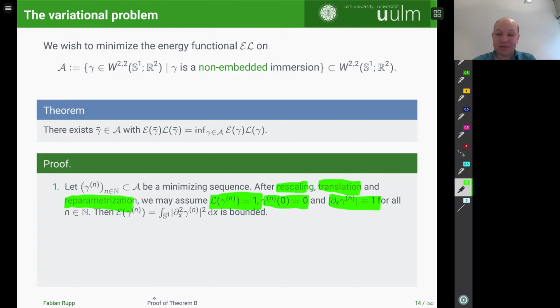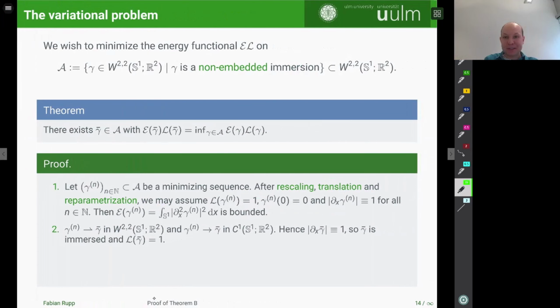W^{2,2} is reflexive, so after passing to a subsequence, we may assume that gamma n converges weakly in W^{2,2} to some limit gamma bar. And then by Sobolev embedding theory, we can also assume that gamma n converges strongly in the C1 topology. This implies that since gamma n is parameterized by arc length, so is the limit gamma bar. In particular, it's an immersion, and it also has length 1.